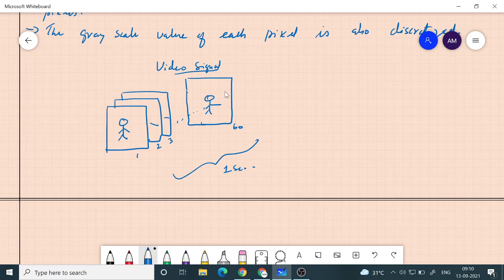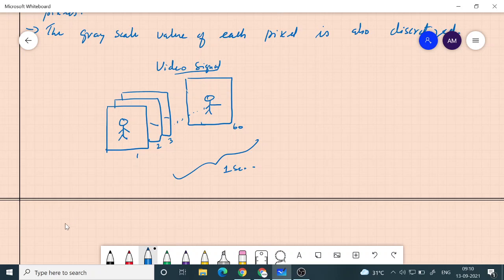When you see 60 images one after the other coming like this, you feel it is moving, but other parts are remaining. So it's like just lifting the hand. That's basically a perception of our visual system that is exploited in order to show a video signal.